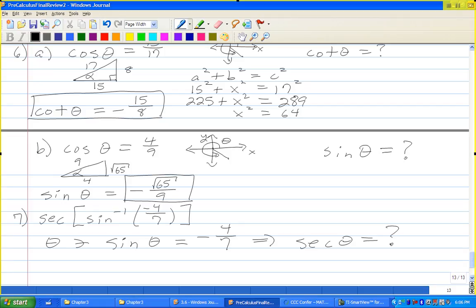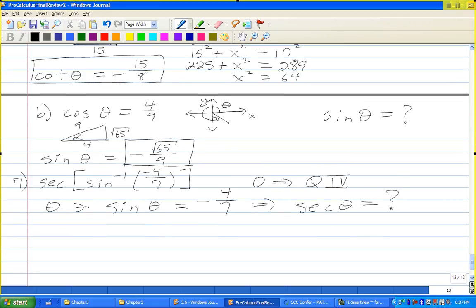So I'm going to assume that we have defined this the usual way. And so I'm assuming that theta is in quadrant 4, since the sine of theta is negative. So I'll assume that this implies that theta is in quadrant 4.